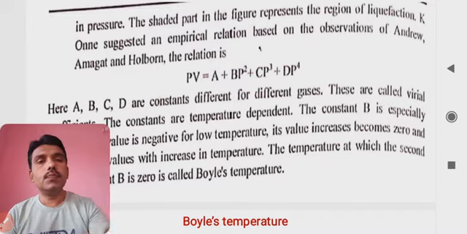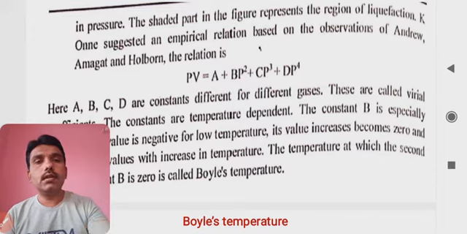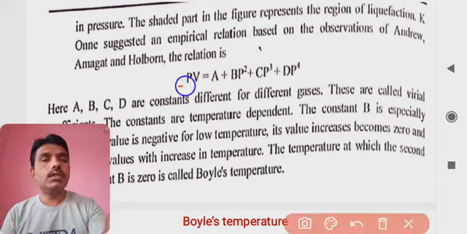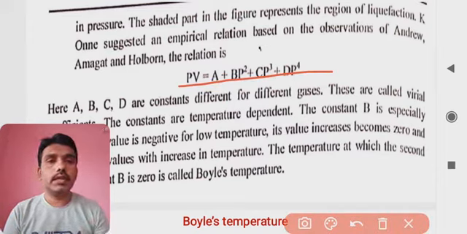Considering these three scientists, the relation they found is that we can write PV is equal to A plus BP square plus CP cube plus DP raised to 4.